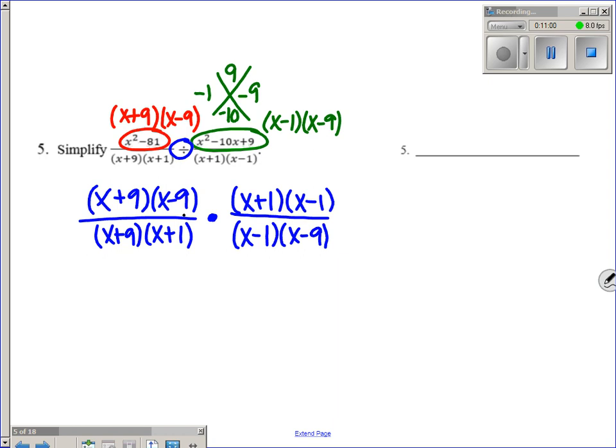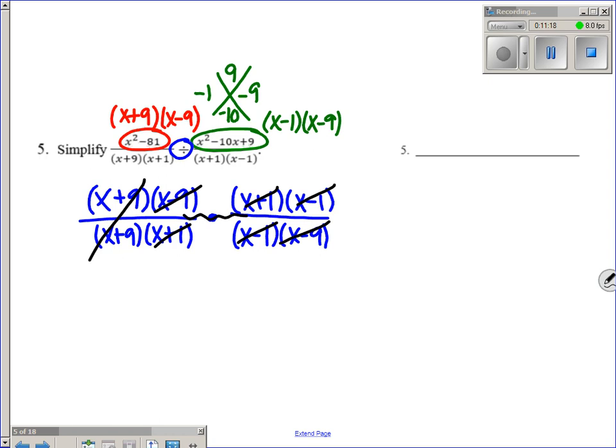That way we can kind of pretend like that's all on one line since we're just multiplying across at this point. And we can cross out the x plus 9s. We can cross out the x plus 1s. We can also cross out the x minus 1.